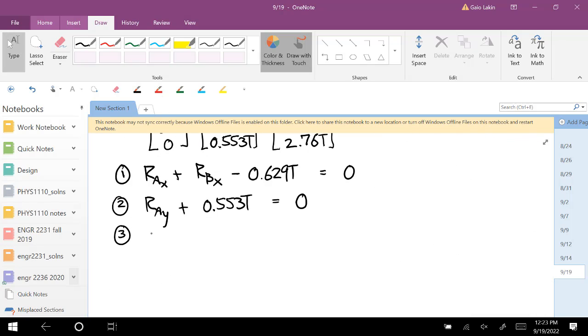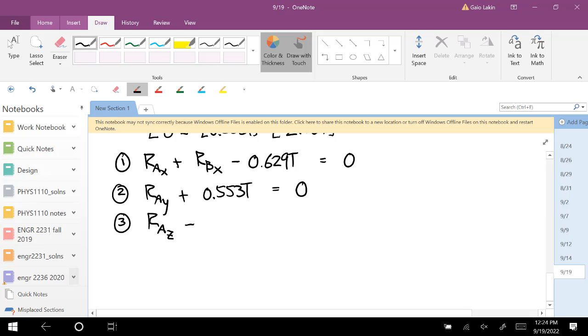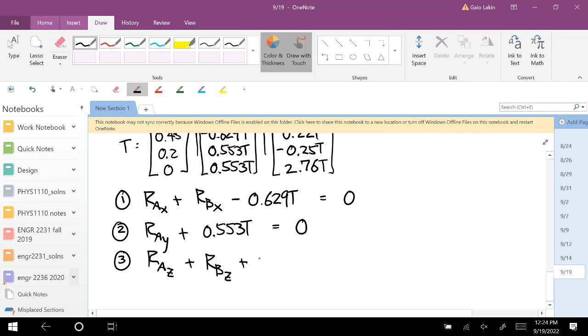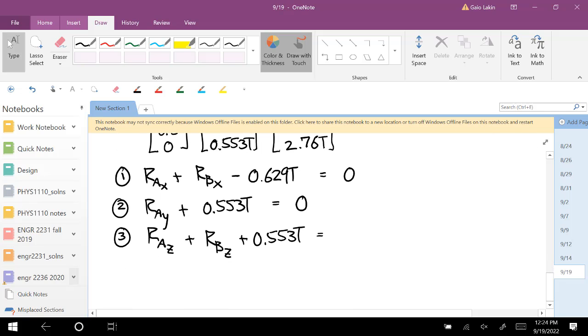And then the third one, RAZ plus RBZ plus 0.553T is equal to positive 784.8.